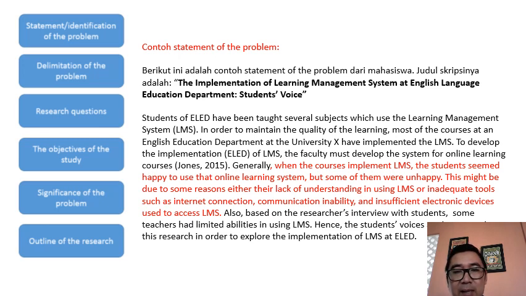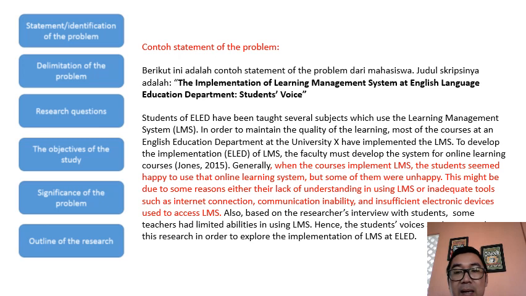Jadi, adik-adik bisa melihat di sini, you can notice here yang dibuat huruf merah ini adalah problem utama ya di dalam penerapan LMS ya. Jadi penulis menyebutkan misalnya di sini bahwa dengan menggunakan learning management system atau online learning itu ada yang happy tapi juga ada yang tidak happy. Ketidakhappyan ini disebabkan karena mungkin mereka lack of understanding, jadi kurang pemahaman dengan LMS system ya.